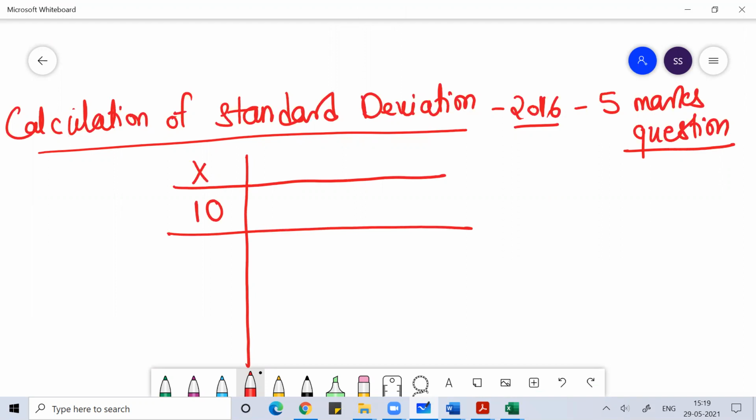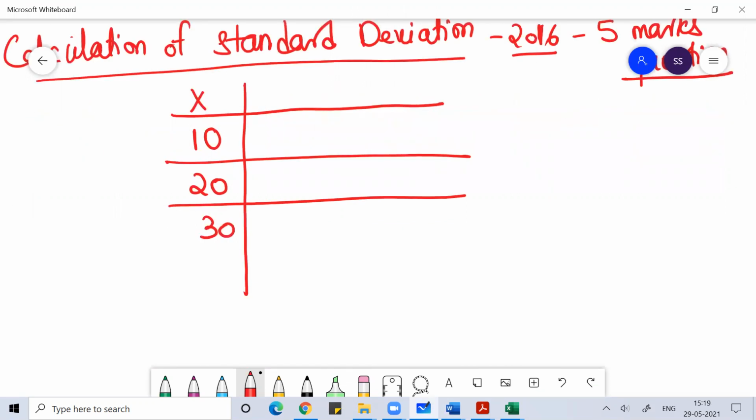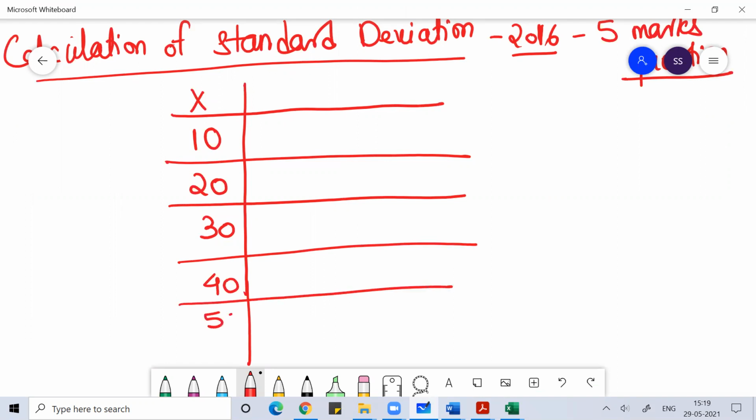10, 20, 30, 40, 50, 60. Frequency. See their frequency values.